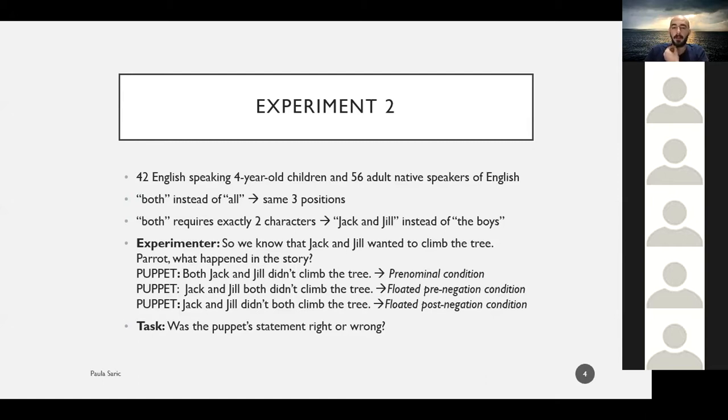So the boys didn't both climb the tree was this time interpreted with narrow scope of both compared to negation, right? So somehow changing and to the gave rise to a different profile of interpretation, which is very interesting, and also not as clear to explain unless you assume that both and all have different scope properties, right? I guess that's what you have to assume at the end of the day.